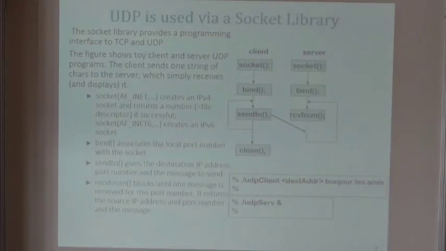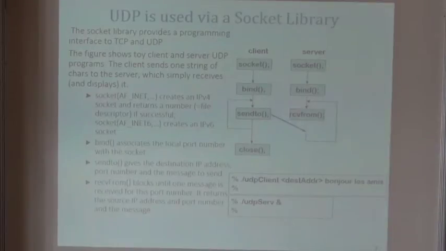But the UDP read has an implicit concept of reading the entire message, whatever the message is. And receive from means not only will it receive a message, so when this returns, depending on the operating system, a pointer or a buffer that contains the message, but it will also contain other information, which is the source IP address and source UDP port number. Because a server, a priori, can receive data from anyone.